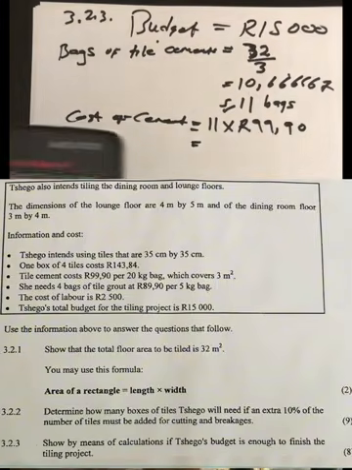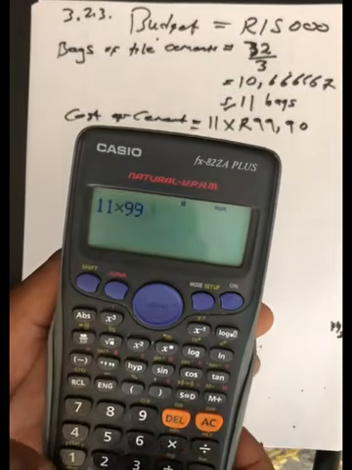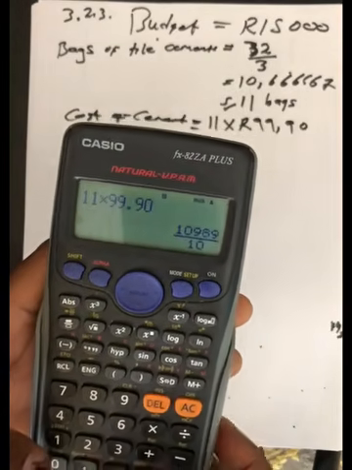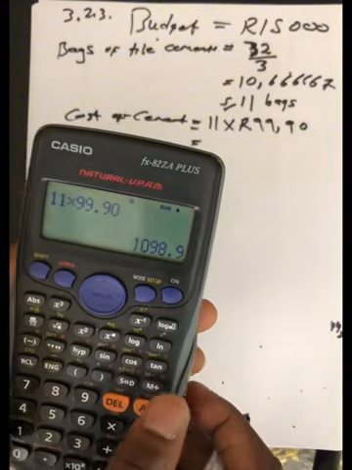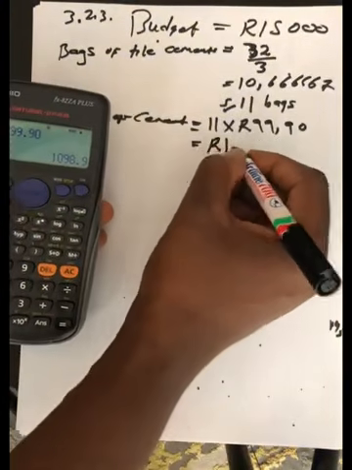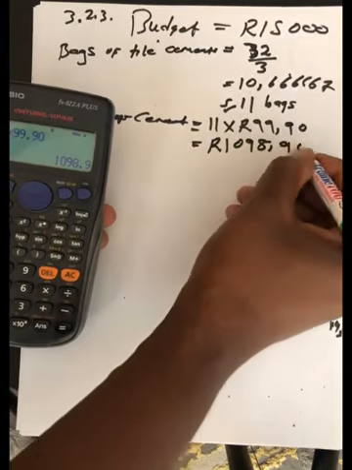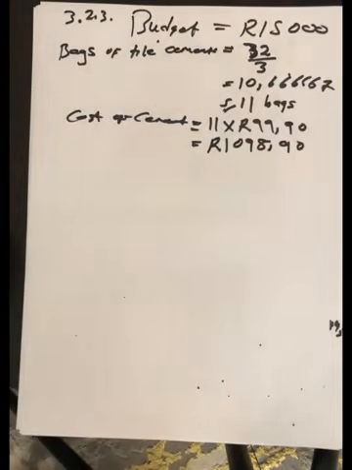Let's get the answer here. 11 multiplied by 99.90. The answer is 1,098.90. Then we know that for the cement, we're gonna need that amount.